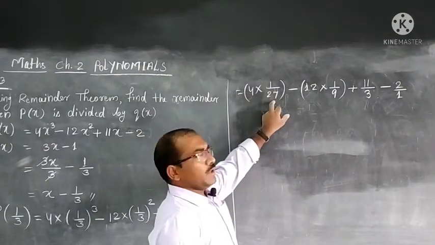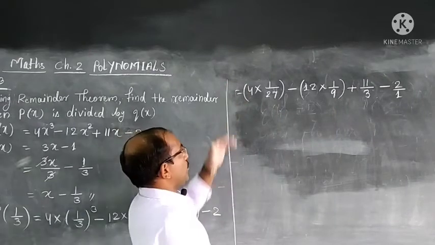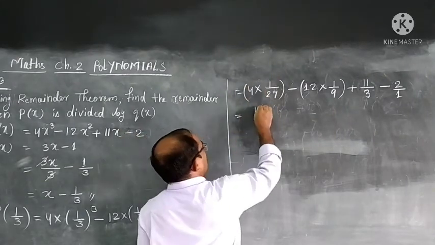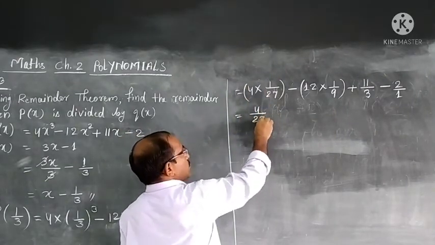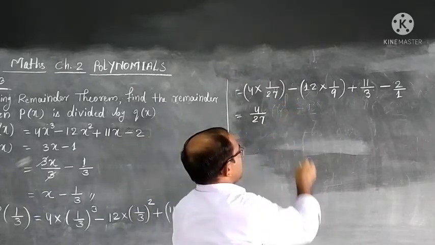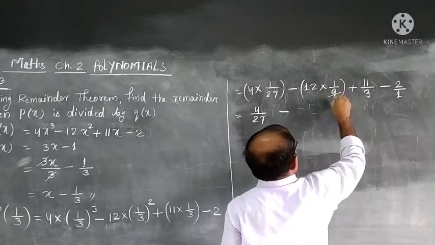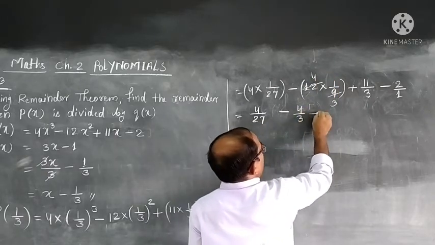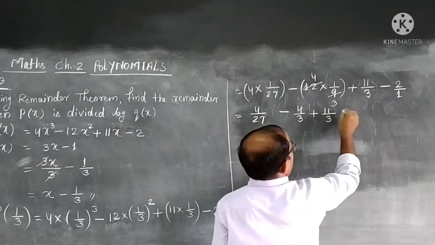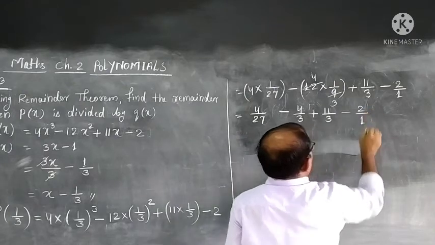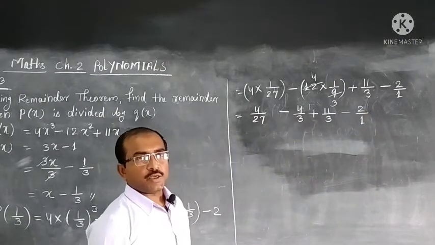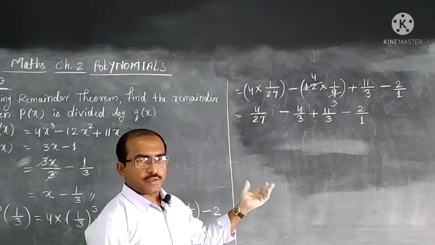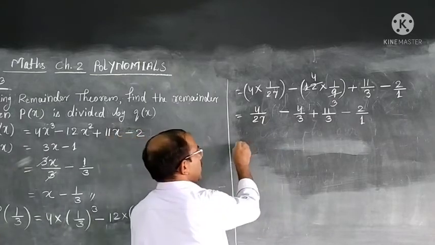Then 4 and 27, we can't do anything. So, we have to go for multiplying 4 into 1, numerator, and denominator is 27. Minus 12 and 9 we can cut, 3 3s are, 3 4s are. So, we get 4 by 27 minus 4 by 3 plus 11 by 3 minus 2 by 1. So, these are in plus and minus, all are fractions, we will get the LCM and add them.